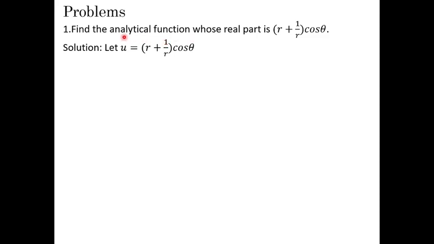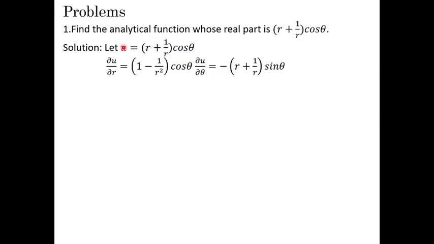Here, analytic function means it satisfies the CR equation. Here u is in terms of polar form, meaning r and theta are present. So we can find the CR equation in polar form only. CR equation means differentiate u with respect to r and theta.